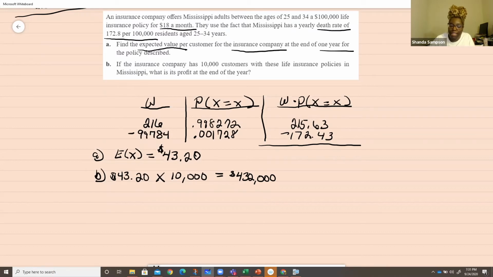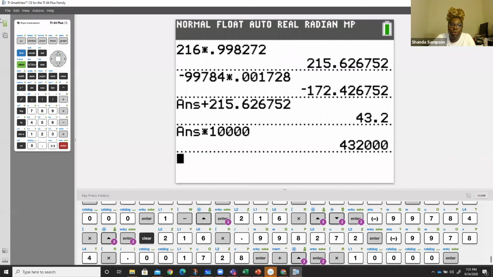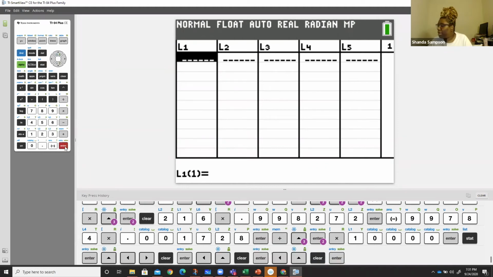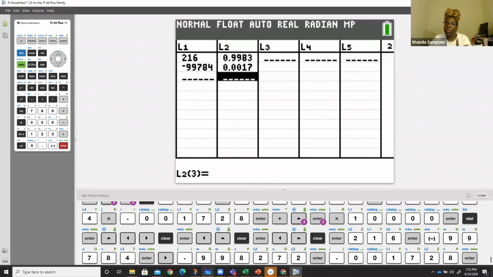With that being the case, let's just put this in our calculator. Again, I have to show you both calculators. So we would go to our regular place, stat and edit. We would put in our numbers. So we had 216, and then we had negative. If you have the 84 plus CE, from this point, you can do this. Now, my 83s and my older 84s can't do this.